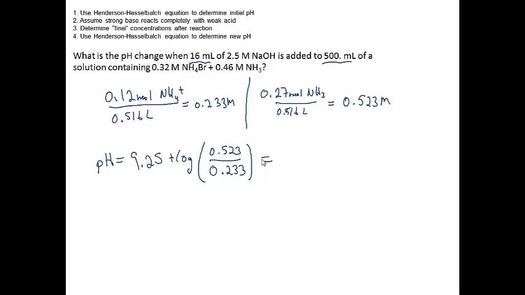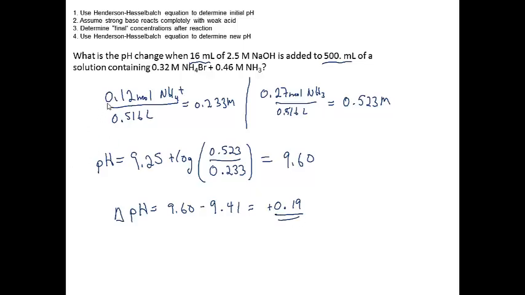That gives 9.60. So it makes sense that the pH went up because we added a base to the solution. So the change in pH is equal to 9.60 minus our initial pH, which was 9.41, which is an increase of plus 0.19.